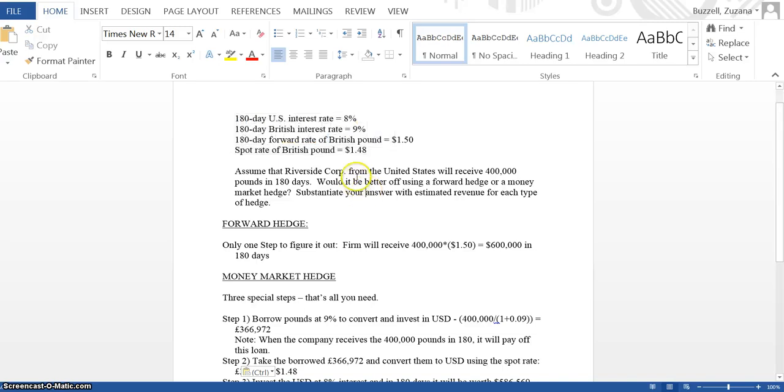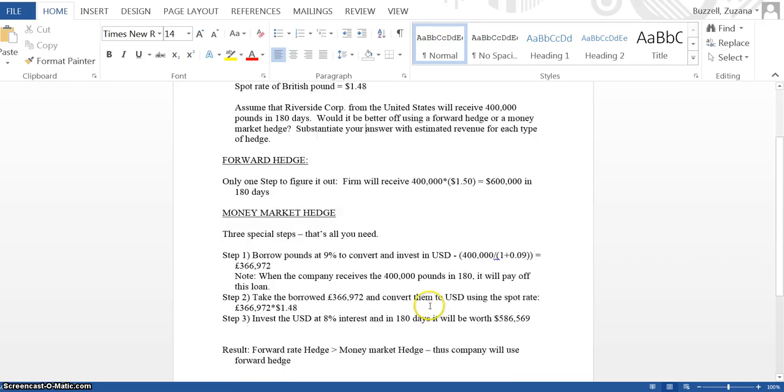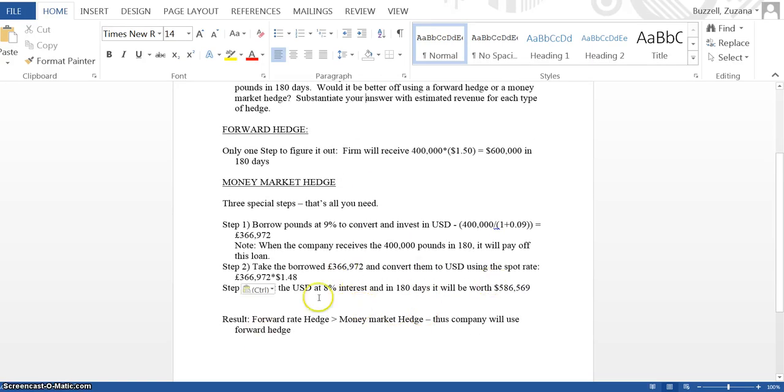Because the moment you get the money, you just don't put it in the bank to accumulate 0.25%. You will not make any money. Companies, the money has to work. It has to work for itself and turn around. So they will borrow the money and transfer it into US dollars, because then they want to invest it at 8% in the United States, not at 0.25% in the bank. They have an opportunity to invest it at 8%, so they will do that.